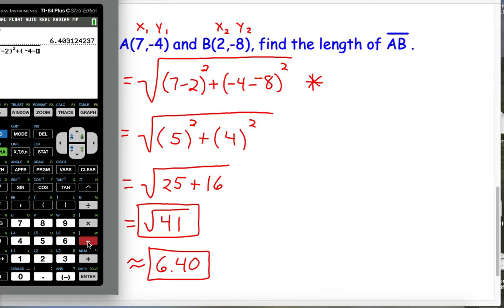Negative 4 minus, and then a negative 8, close parentheses, hit the x squared button. Now if you see, that's exactly what I wrote down to start my distance formula. So I just punched it all in on the calculator in one step, press enter, and boom, I'm done. So if you're having trouble and you're making mistakes as you simplify what's inside the square root, then maybe try using a calculator to just punch it all in at once.